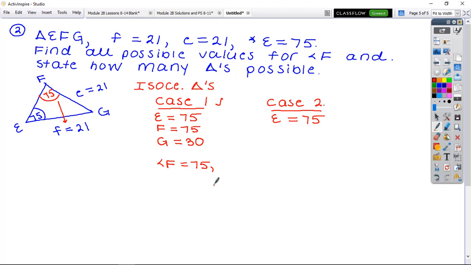So now I go over to case two. Case two stems from the fact that you have a second quadrant triangle as well. So again, you want to think back to this. So I'm going to do the angle F is equal to 180 minus 75, which means it could potentially be 105.